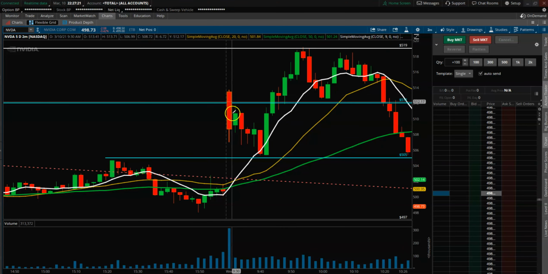So you could have entered puts towards 505, or if you want to wait because the market is bullish, you say, I'm not going to get in the first few minutes, I want to wait and see what happens. So just read the price action. The price failed at 512, but it held the 505 support and moved back up.